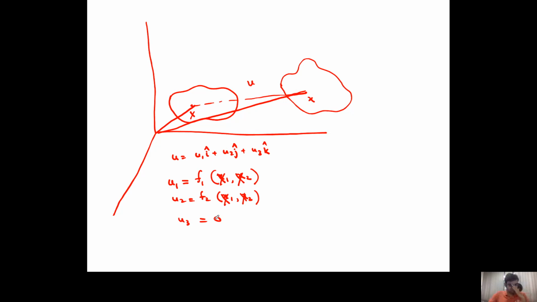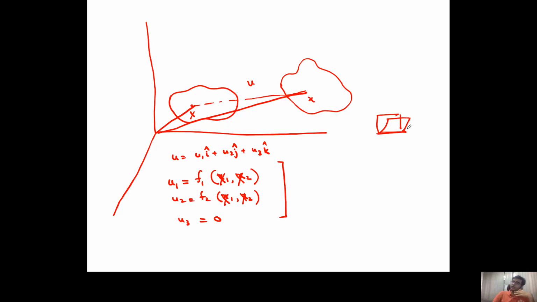So basically, what can you say from this, that u3 is 0? You can say that we are working in a 2D plane of frame. So if my initial body was something like this, the deformed body will be something like this. So everything is going to happen in a plane. So we are working with 2D. This you can say directly from this f1 and f2.